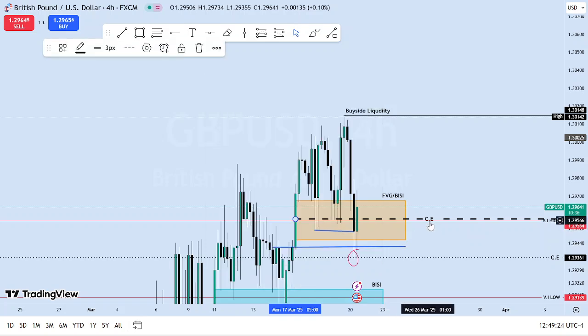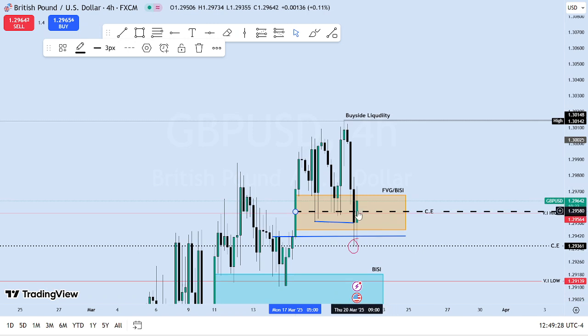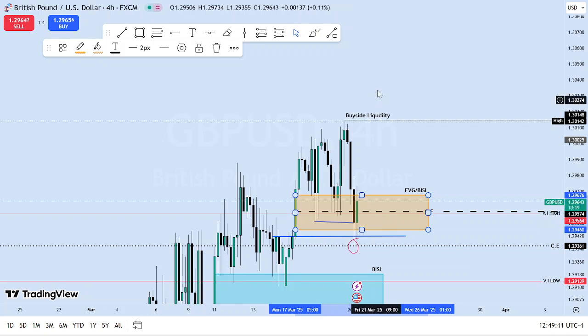We would like to see price trade above the consequent encroachment and close above. Then we wait for price action. We could see a little consolidation here before moving up to the buy side liquidity. You have to wait for a displacement here on the 4-hour chart.